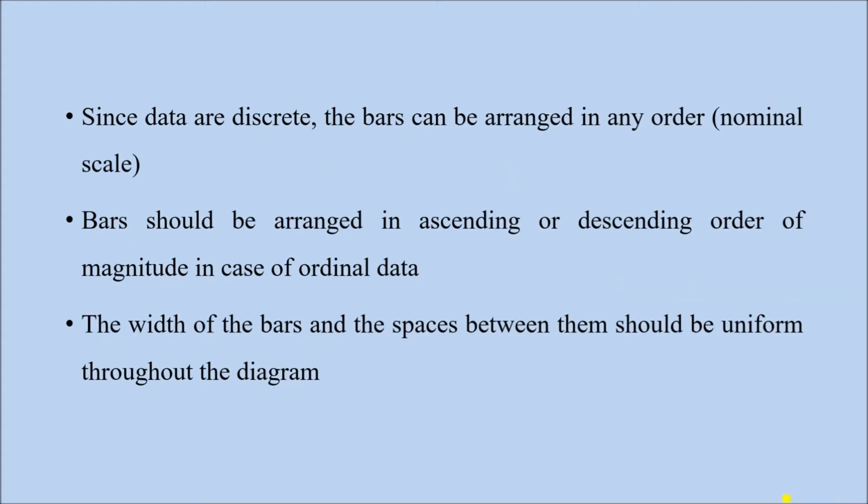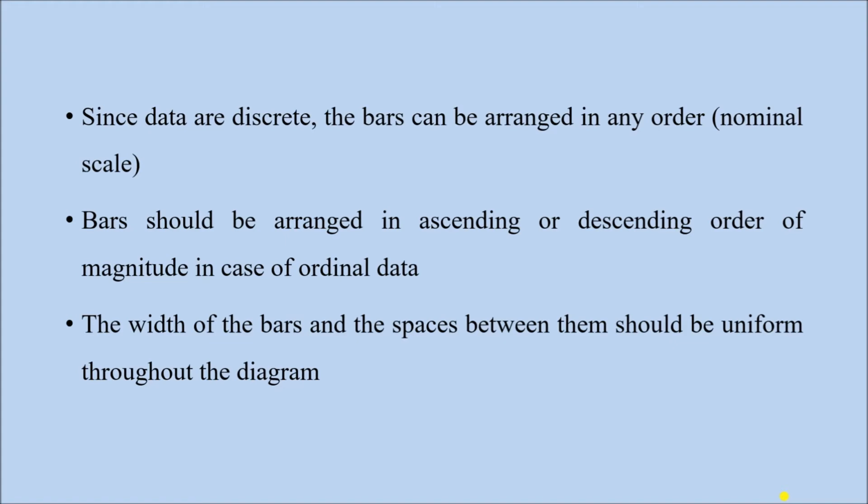In case of nominal data, since these data are discrete, bars can be arranged in any order. If you remember nominal scale, in nominal scale there is no particular order. So if we are talking about male female, we can also write female male. So if we write the first category male and second category can be female, that is absolutely okay.